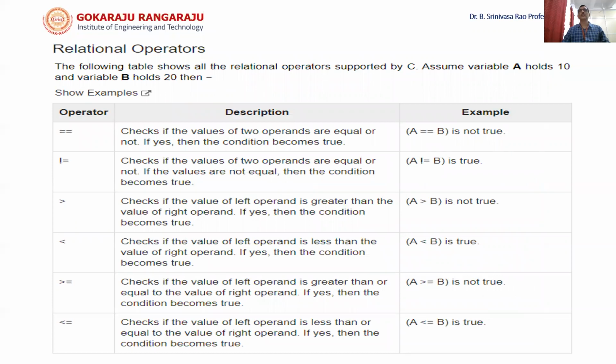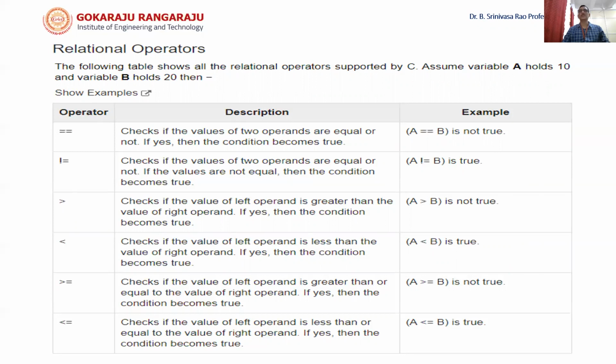Now, another type of operators are known as relational operators. These relational operators relate two operands. That is, two operands are compared together. After comparison, the difference is obtained, and based upon that, a decision is taken, and that decision may yield either 2 or 3 values.